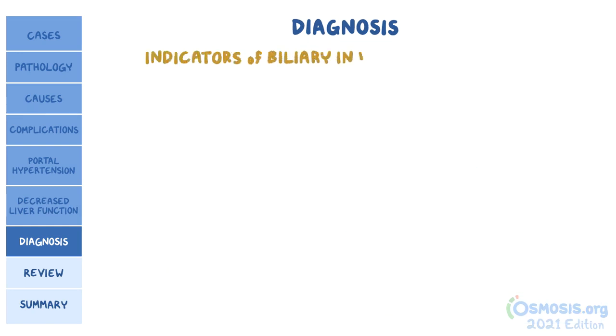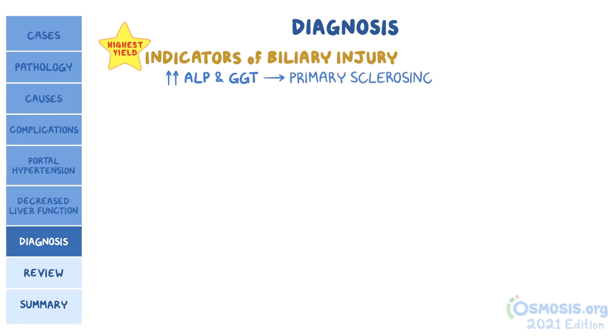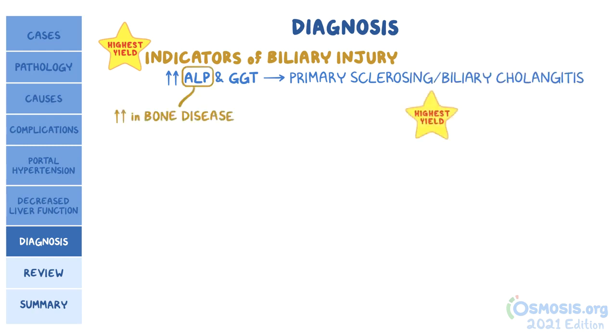Indicators of biliary injury, like elevated alkaline phosphatase, or ALP, and gamma glutamyl transferase, or GGT, are hints for primary sclerosing cholangitis, or primary biliary cholangitis. Remember that ALP can also be elevated in bone disease, in contrast with GGT, which is specific for biliary diseases.